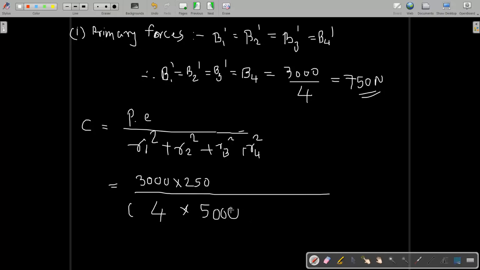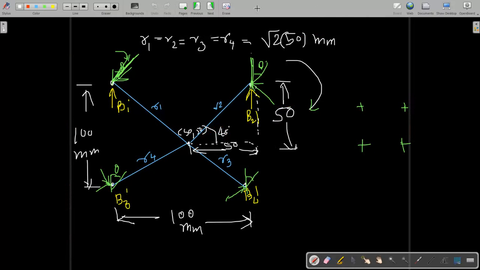See, this is the distance, root 2 into 50. Yes, this is r1 square, r2 square, r3 square and r4 square. Here r1, r2 is the radial distance, root 2 into 50 mm.